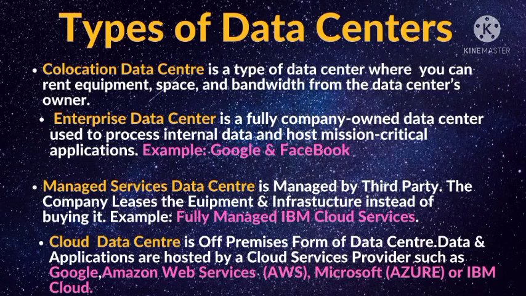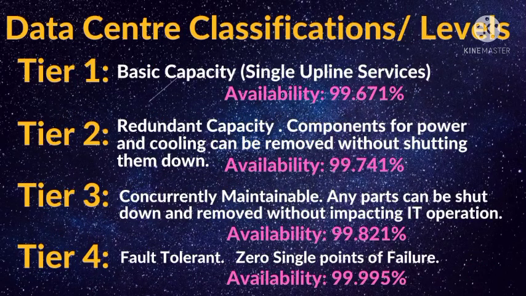Now, the most important thing we should know when we take services from a data center provider is these classification levels. Tier 1 is the basic capacity, single upline services, availability is 99.671%. Tier 2, redundant capacity, components for power and cooling can be removed without shutting them down.